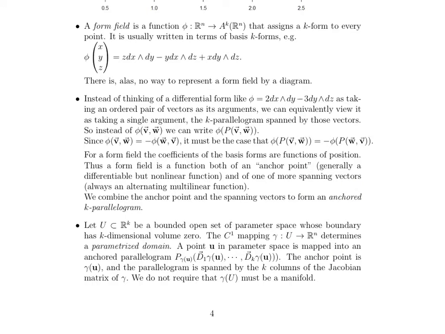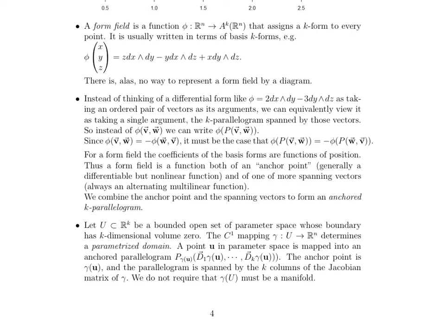Now, as we're looking at differential forms and thinking about what they do, sometimes it's more useful, instead of thinking of k-forms as taking an ordered pair of vectors as its argument, we can actually think of these k-forms as taking a single argument, which is the k-parallelogram spanned by the vectors that we used to consider as individuals. So instead of thinking of phi acting on v and w separately, we can think of phi acting on the parallelogram spanned by v and w.